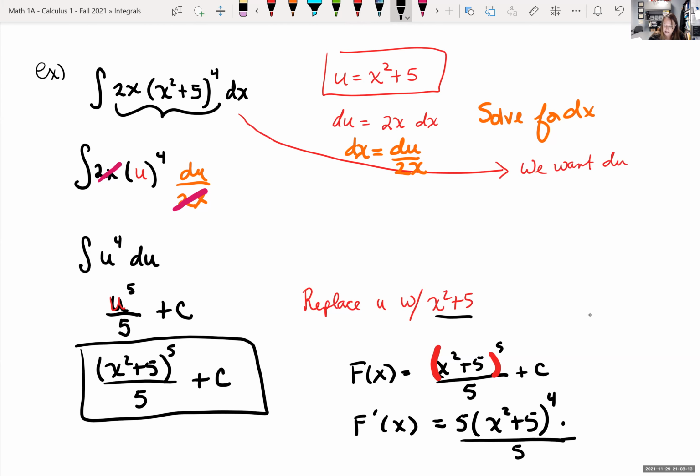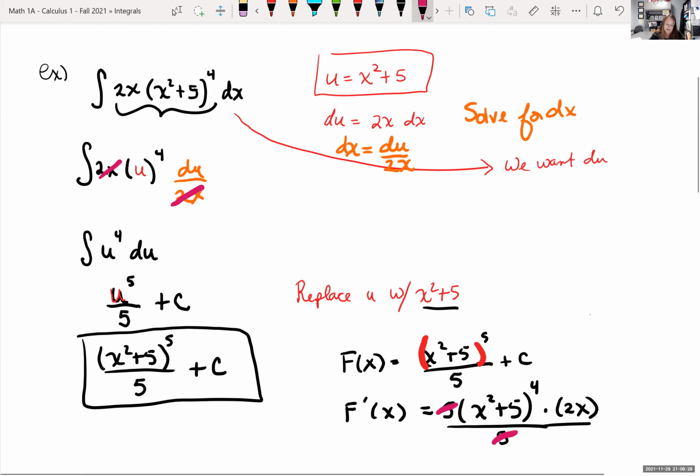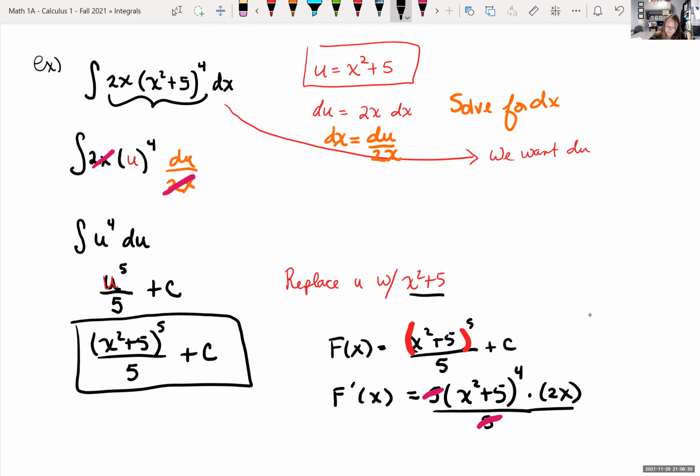And the derivative of our inside is 2x. Plus the derivative of c, but the derivative of a constant is 0. So notice here that the 5's cancel, and we have the integrand, which is 2x times x squared plus 5 to the 4th.